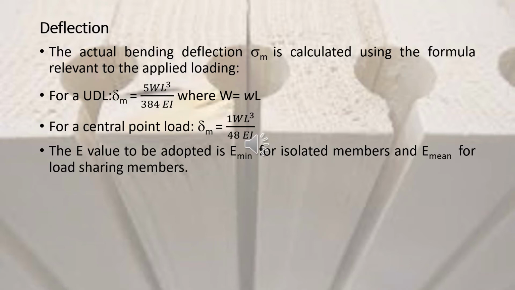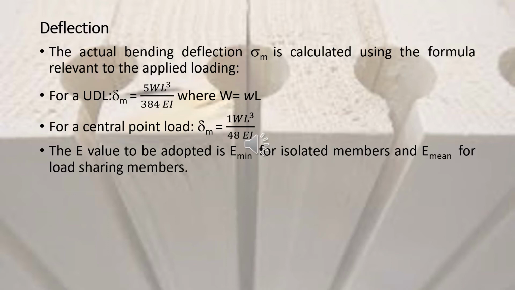Right? So the Young's modulus value to be adopted is the minimum Young's modulus used for isolated members, and the Young's modulus mean should be used for truss members when specifically you have load sharing amongst the different members.